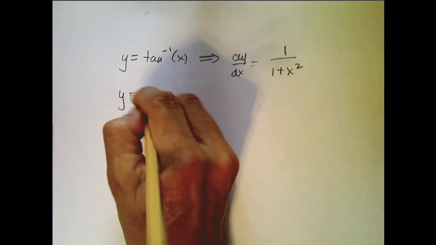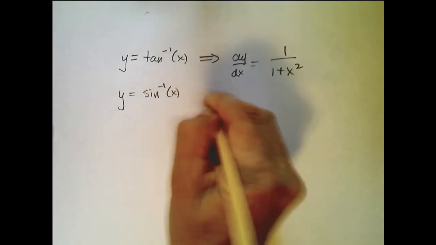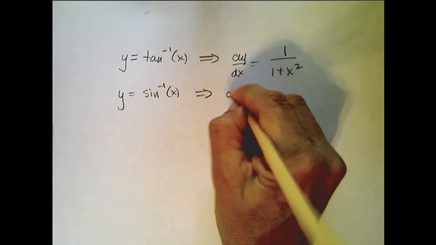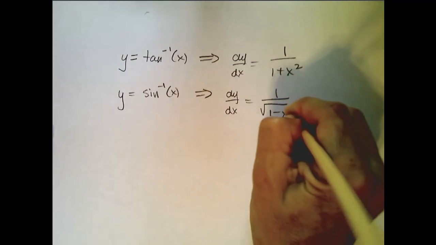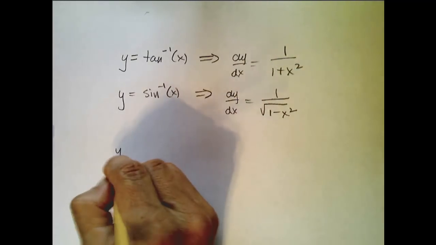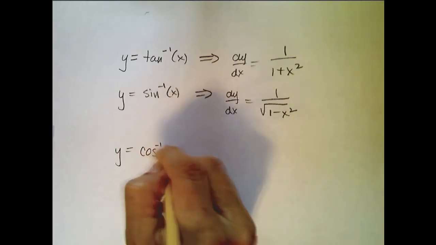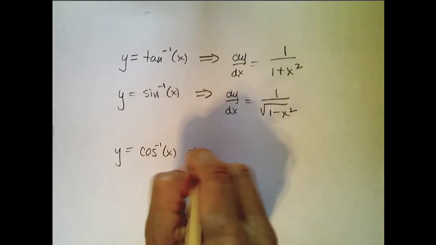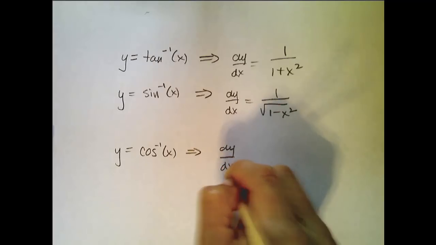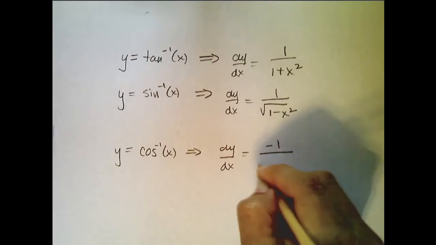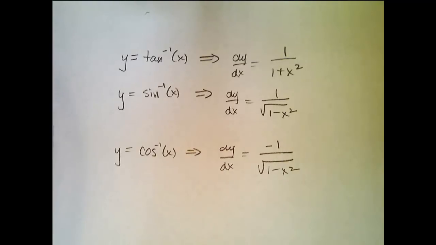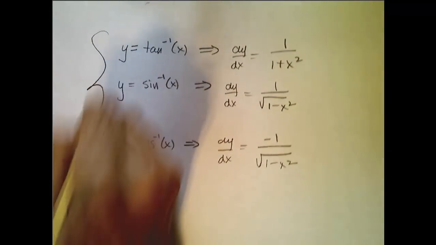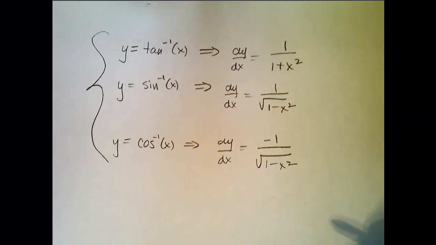If y equals sine inverse of x, then dy/dx equals 1 over the square root of 1 minus x squared. If y equals cosine inverse of x, then dy/dx is equal to the negative of 1 over the square root of 1 minus x squared. And these three you now need to know forever and ever and ever.